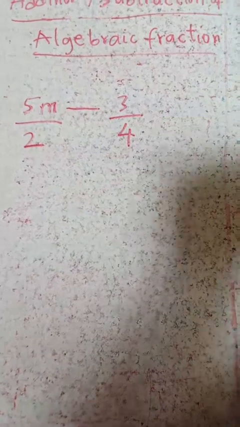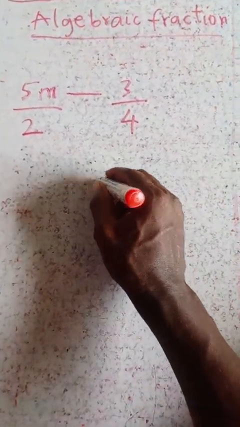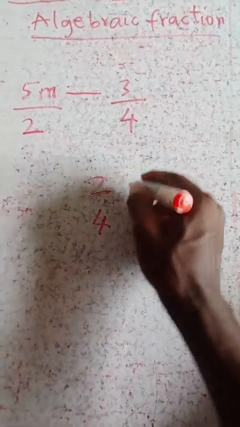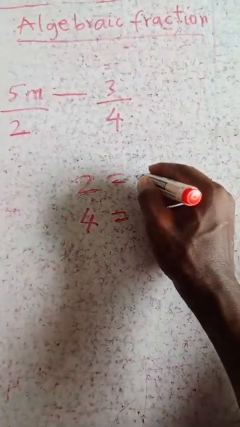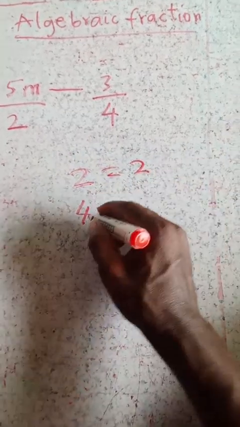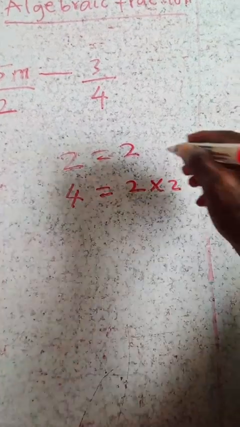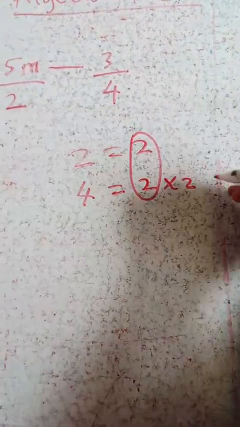You find the LCM of 2 and 4. What times what gives you 2 is 2, and what times what gives you 4 is 2 times 2. So these 2s are common.